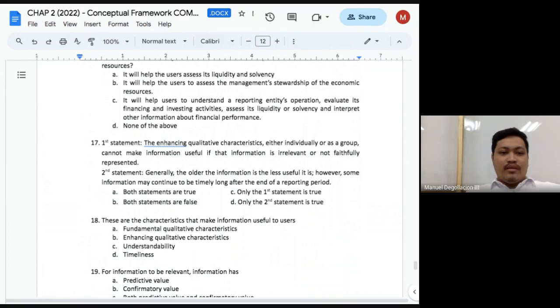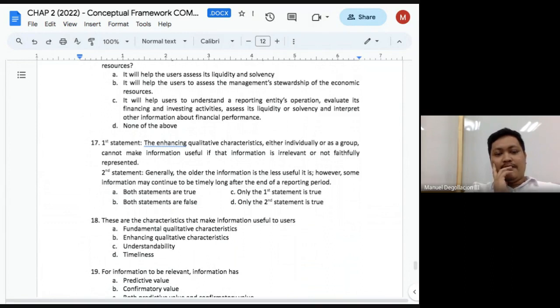Is the first statement here true or false? True. Because again, no amount of enhancing qualitative characteristics can elevate the information as being relevant and faithfully represented.